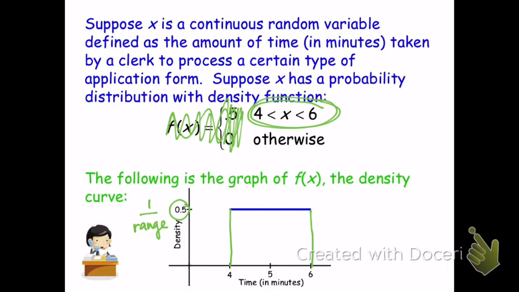So if you take base times height, if my range is 2, which would be my base, and my height is 1 over 2, that equals 1. So essentially, you sometimes have to come up with the height on your own. Height is always 1 over the range. So I want you to write that in. They aren't always nice in giving you the height.